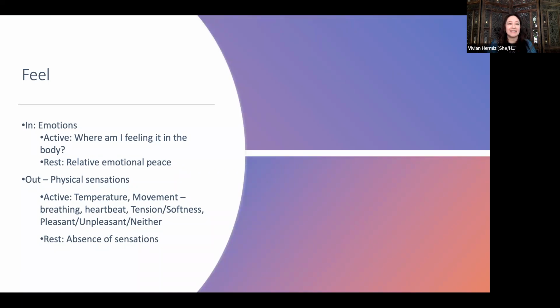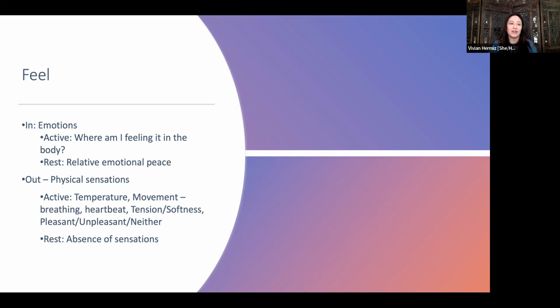And the last category that we're going to experience is the feel space, feeling in and out. So feeling in, we classify as all of those states that we experience with our emotional body. So where am I feeling, if there is an emotion here, where am I feeling it in the body?